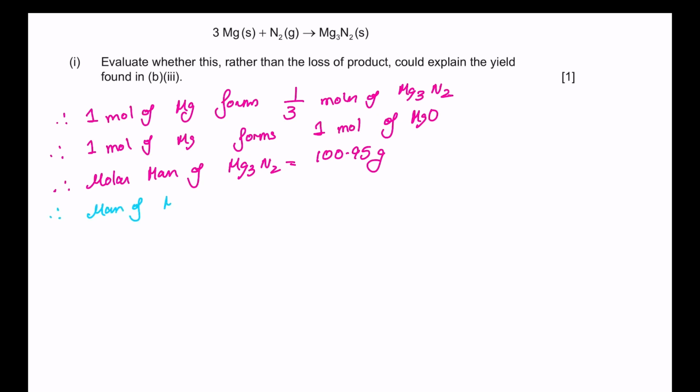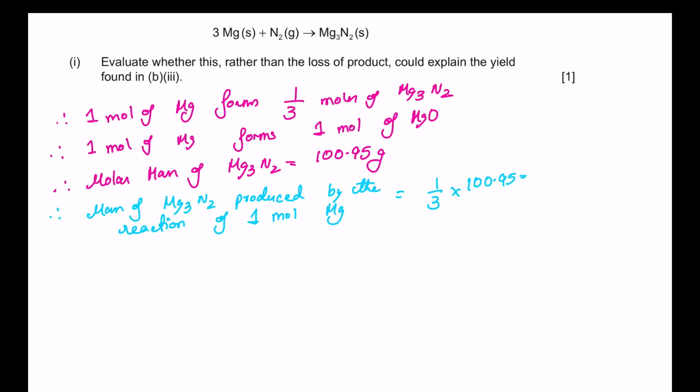The mass of Mg3N2 produced by the reaction of 1 mole Mg will be 1/3 of this mass, because 1/3 moles is produced. If you calculate the mass and simplify, we'll get 33.65 grams, right?